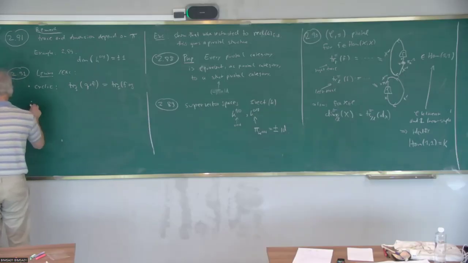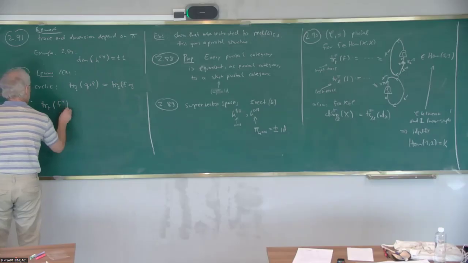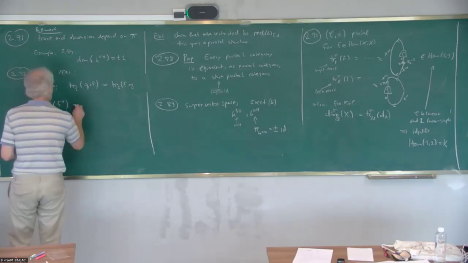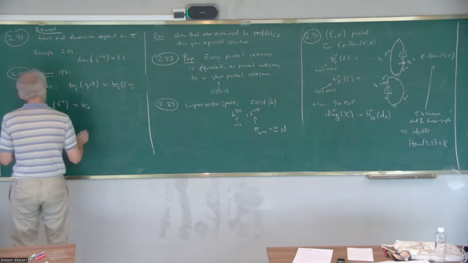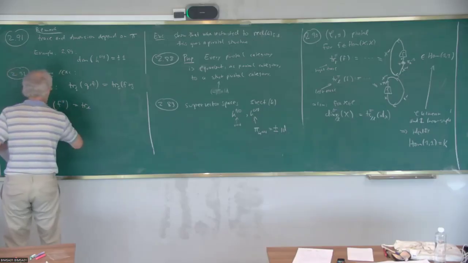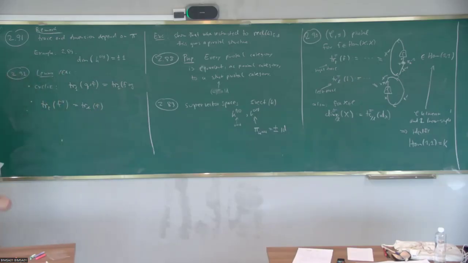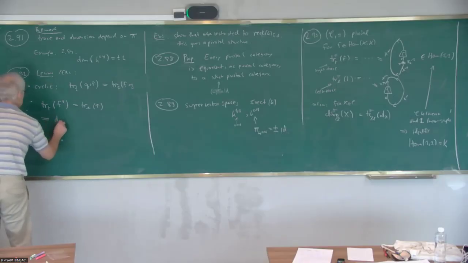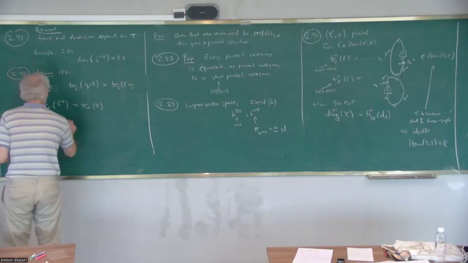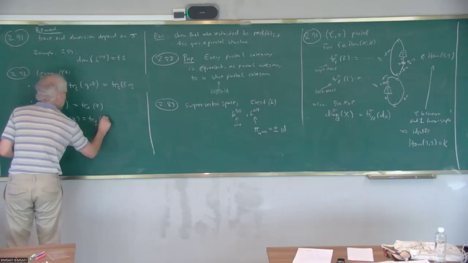Then left and right trace are related in the following way. If I take the right dual of morphism F, and this is the same as the left dual, the right trace of the right dual is the same as the left trace of the morphism F itself. So in particular, this means that the dimension, right or left, of an object X is equal to the dimension left or right of its dual.